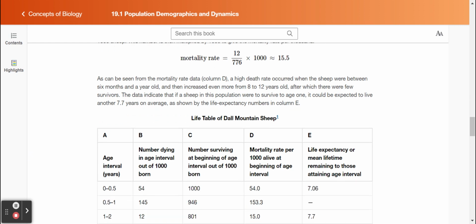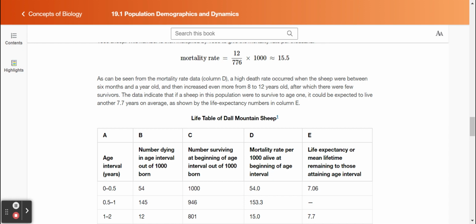As can be seen from the mortality rate data, column D, a high death rate occurred when the sheep were between 6 months and a year old, and then increased even more from 8 to 12 years old, after which there were few survivors.